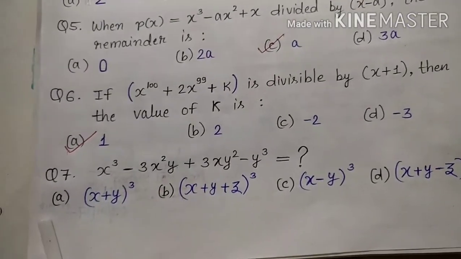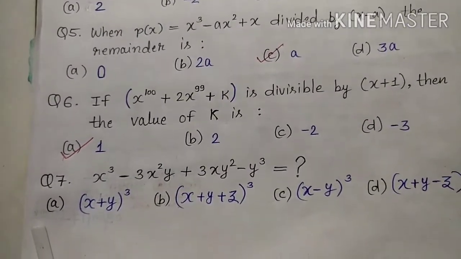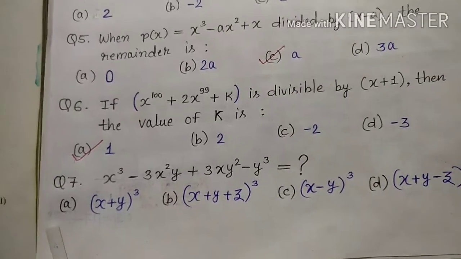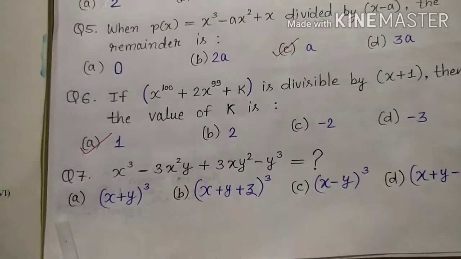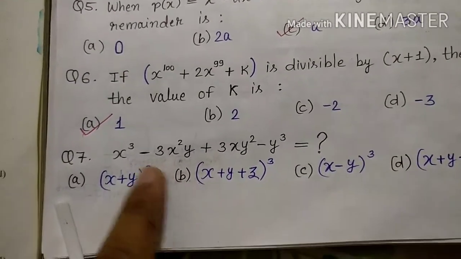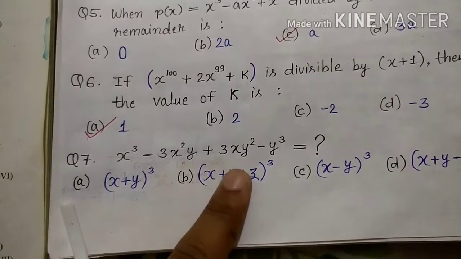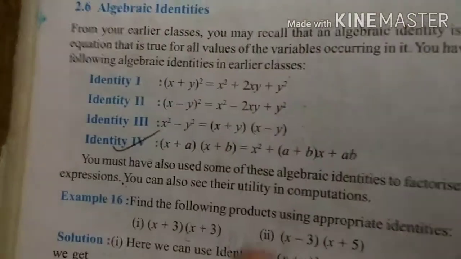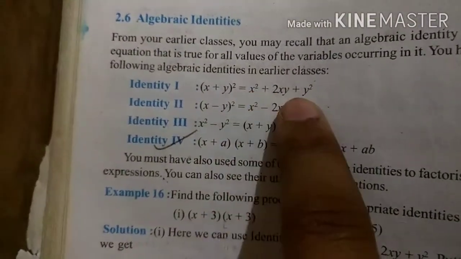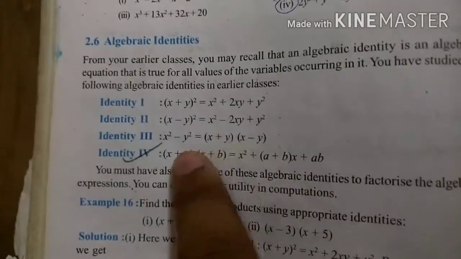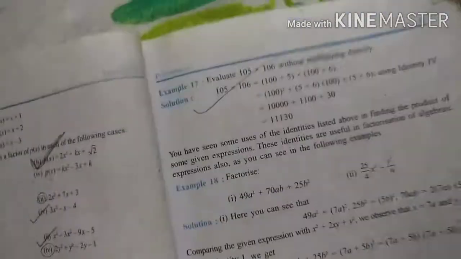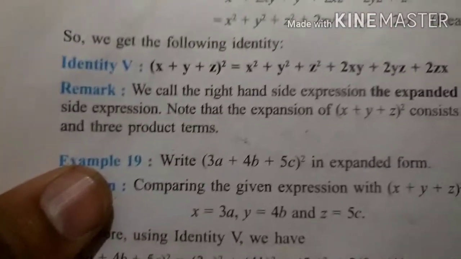These are very important identities, because on the basis of them you have to solve questions, and sometimes they come in this type of question. Just check x cube minus 3x square y plus 3xy square minus y cube. The identity x plus y whole square, no; x cube is not coming here. Identity number 5, x plus y plus z whole square, is also not there.